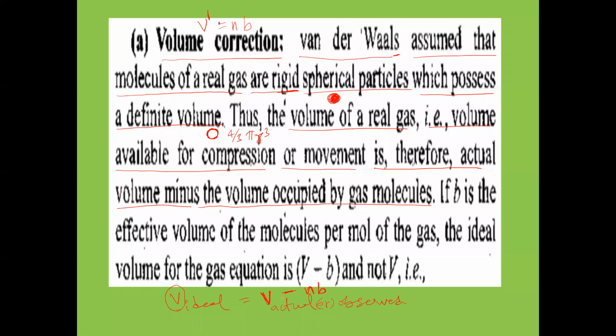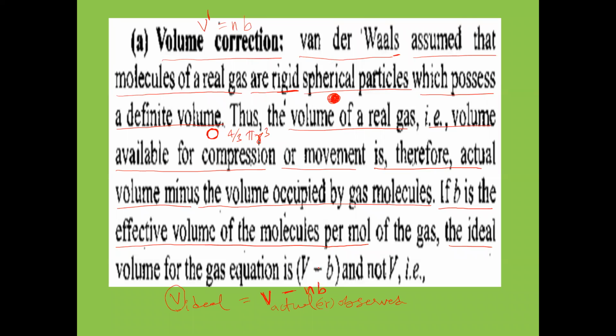Now whose volume is more? Real gas volume is more than ideal gas volume. Ideal gas volume is equal to real gas volume minus something. Therefore the actual volume, the real gas volume, is greater than the ideal gas volume. Next, if b is the effective volume of the gas molecules per mole, the ideal volume for the given gas equation is V minus b.